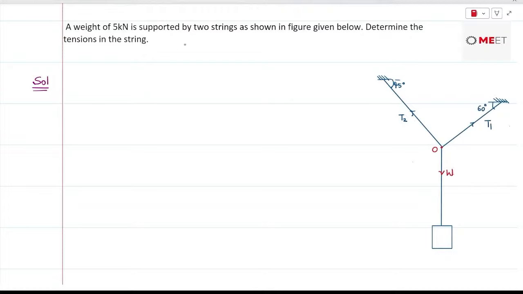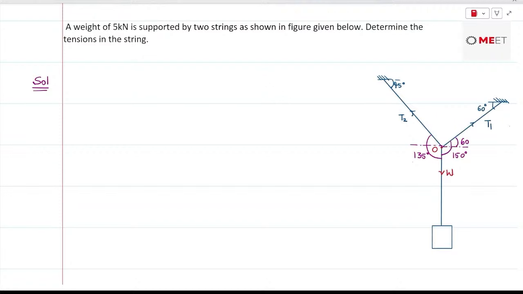Even that also matters. So to begin with, here at the point O, there are three forces, and we just need to compute the angles. T1 is making an angle of 60 degrees with horizontal. So the angle included with the weight becomes 150 degrees, and T2 is making an angle of 45 degrees with horizontal, so with weight, the angle comes out to be 135.